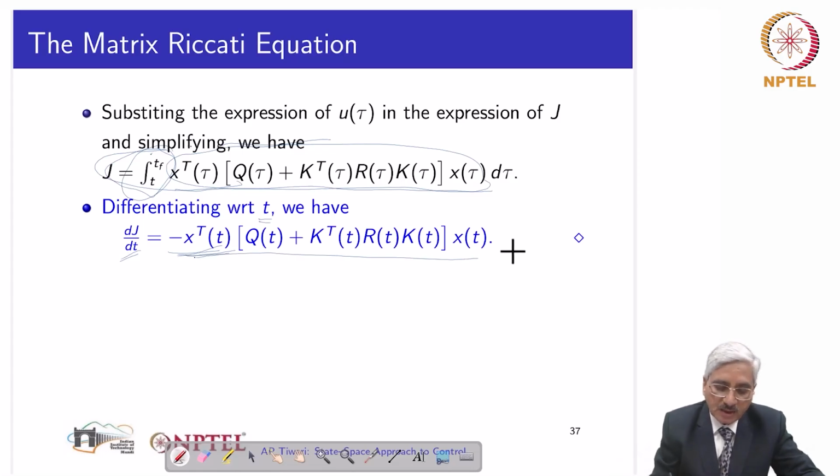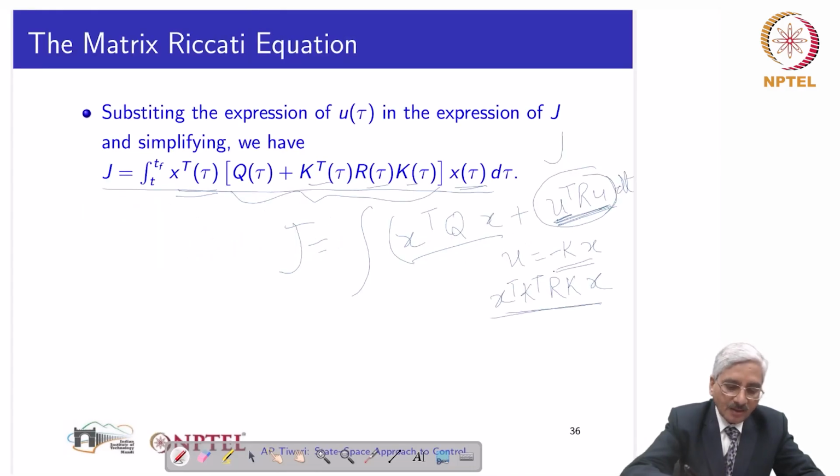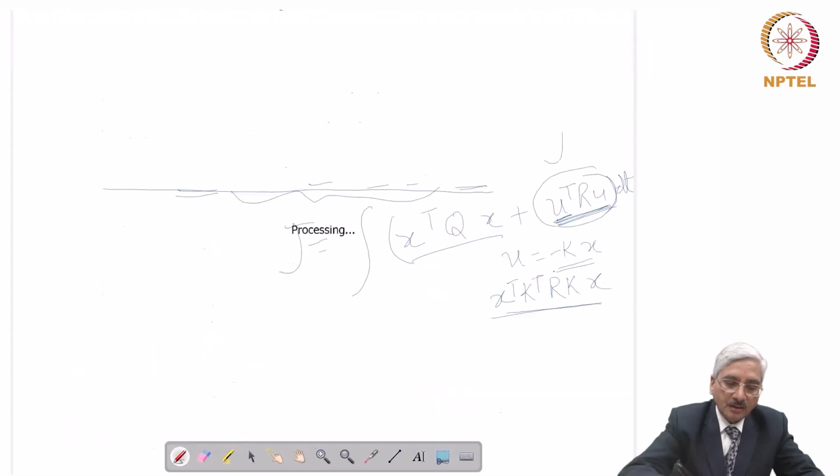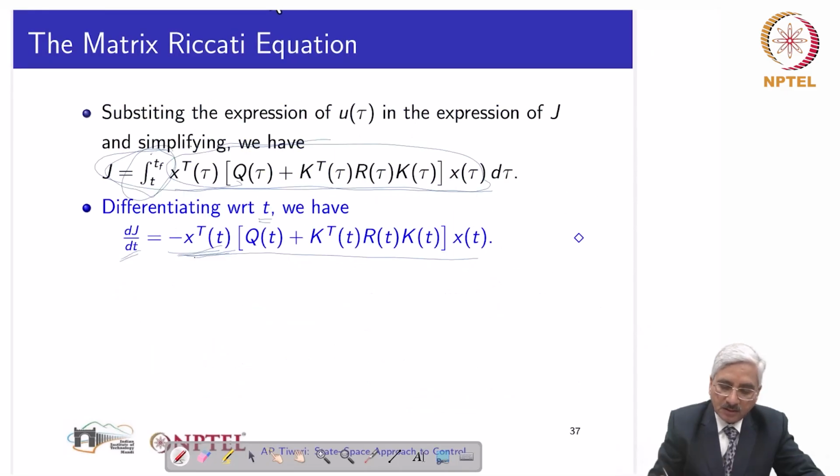So we have this expression for the time derivative of J, and we have this expression for the time derivative of J. In both, on the left we have X transpose, on the right X. See this, and see this one. On the right X, on the left X transpose.